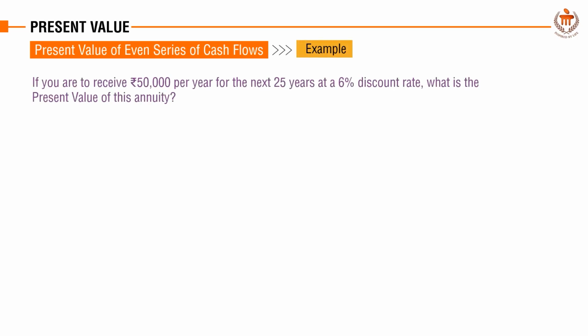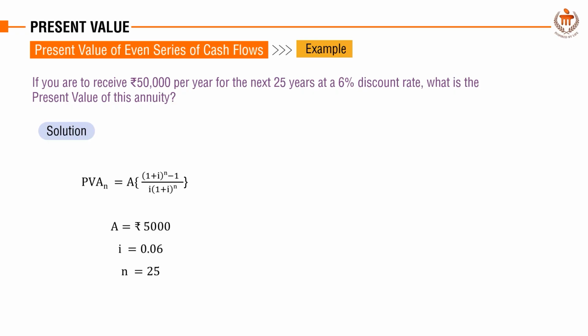To understand this better, let us take an example. Suppose you are to receive rupees 50,000 per year for next 25 years and the discount rate is 6%. Now here A is equal to 50,000, N is equal to 25, I is equal to 0.06.